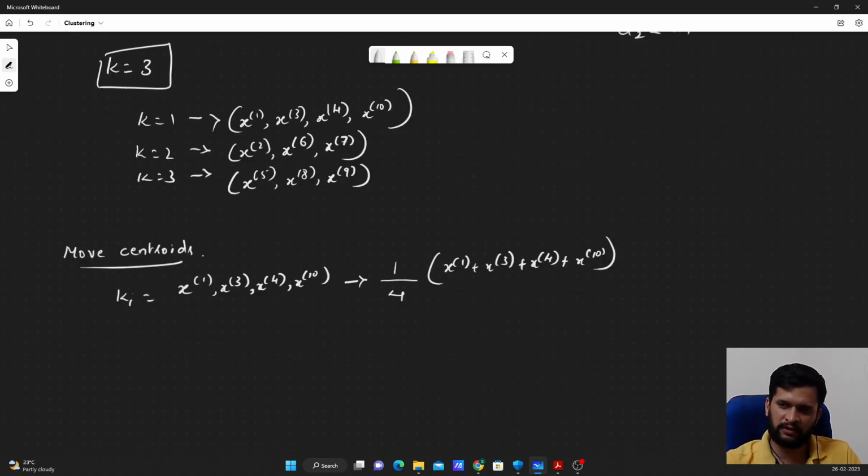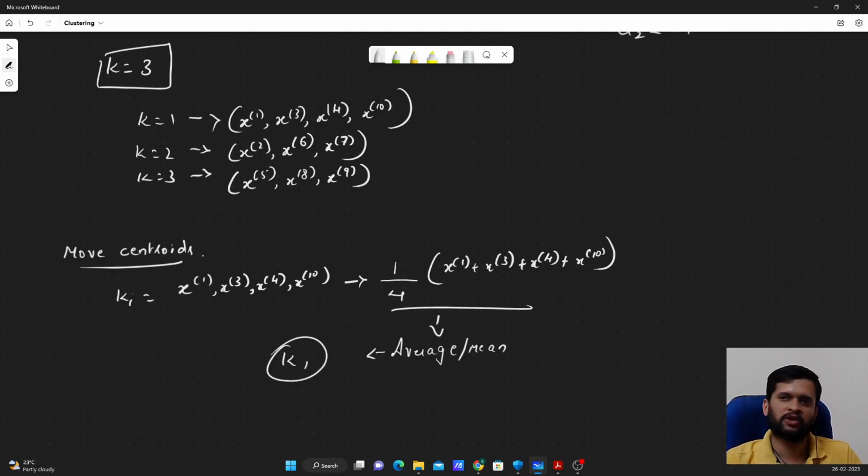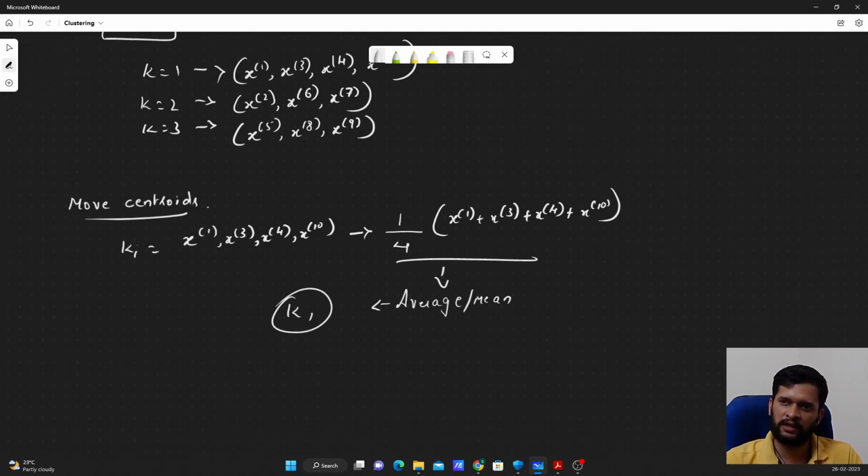Whatever value we get, the average or mean value, this new mean value will be treated as k1. So from this k1, we have moved successfully to the mean value of the data points assigned to that particular k1 earlier as our new cluster centroid, right? We do this for all the randomly initialized k cluster centroids, okay?